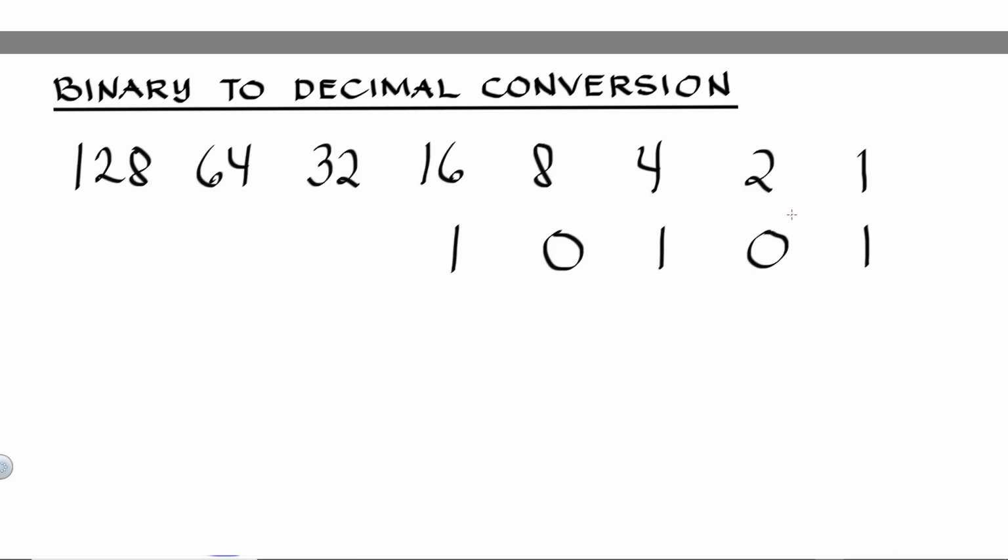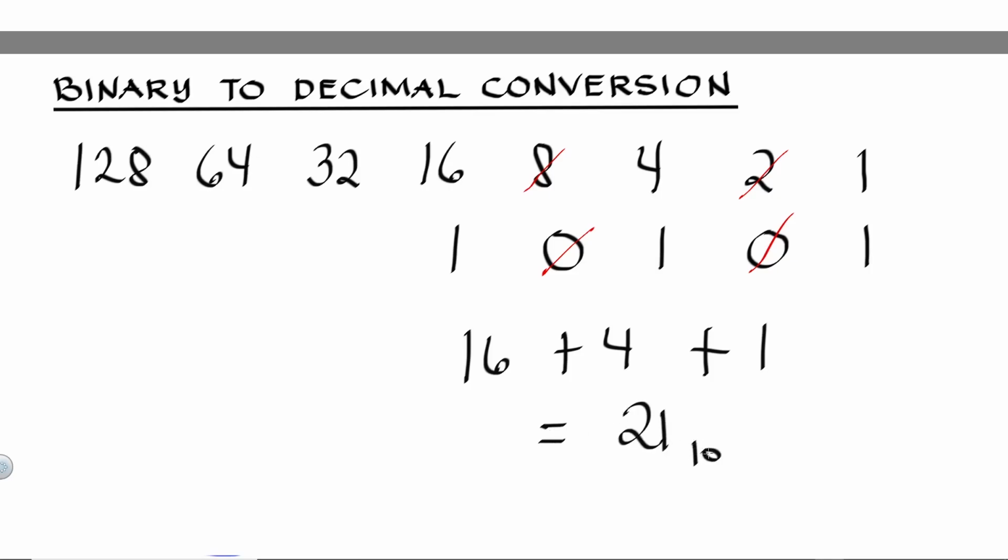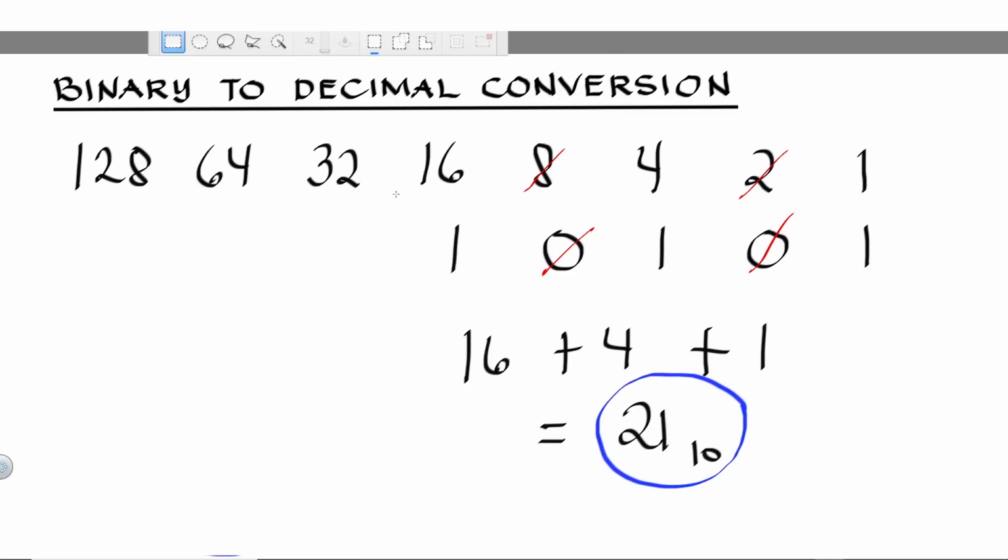Next is to cancel all the zeros and ignore the numbers associated with them, and add up the numbers with 1. So 16 plus 4 plus 1. So 16 plus 4 is equal to 20 plus 1 is equal to 21 base 10.